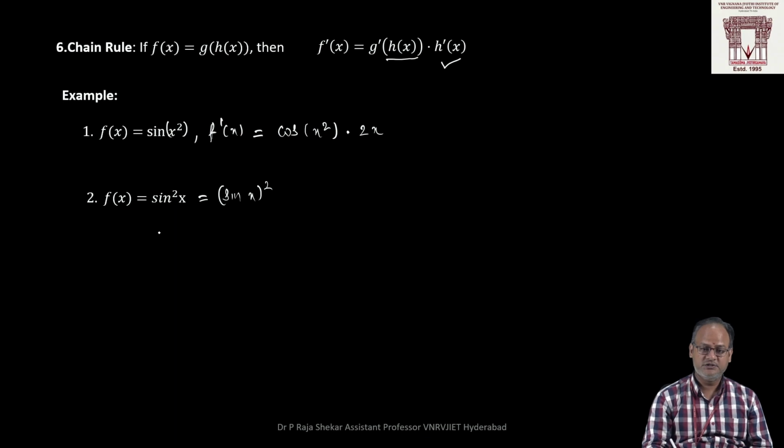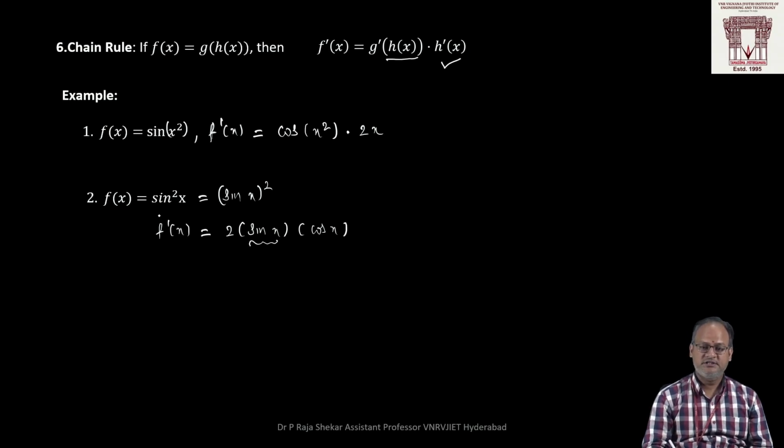Then what happens to the derivative of it? The derivative of sine x whole square: firstly, it is in the form of x square. What is the derivative of x square? 2x. So the derivative of sine x whole square is 2 into sine x, and further the derivative of sine x is cos x.